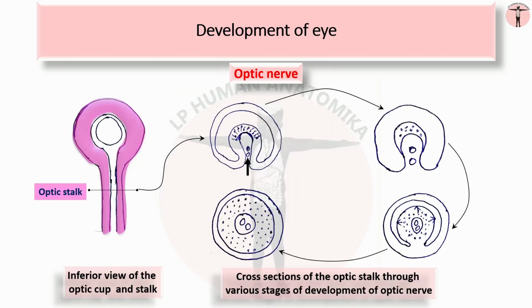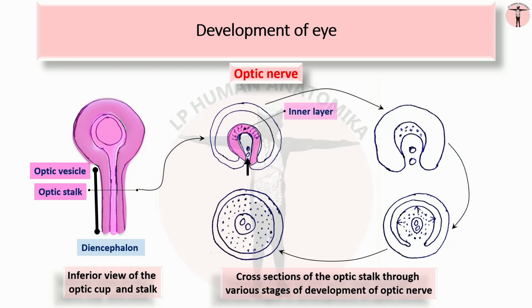Now, coming to the development of the optic nerve, the optic stalk joins the optic vesicle to the diencephalon of the forebrain. As the optic fissure develops through invagination along the inferior wall of the optic stalk, the two-layered wall is created, the inner and the outer layer with a space in between.